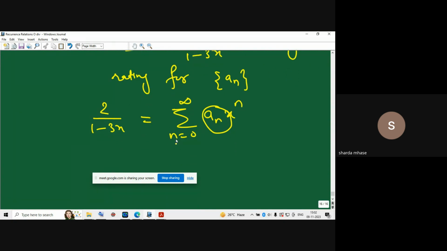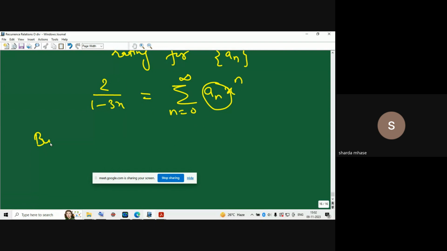Just some time before we have seen this 2 upon 1 minus 3x is actually equal to, can anyone tell me what this will equal? This is 2 times, isn't it, sigma n is varying from 0 to infinity 3x raised to n.